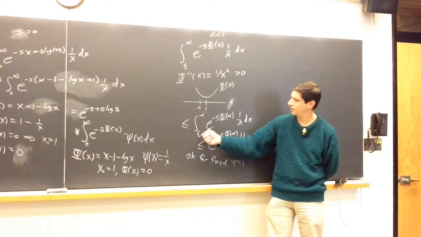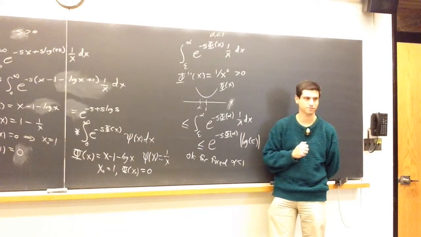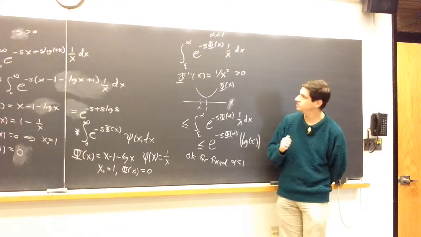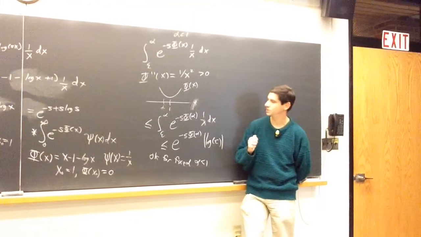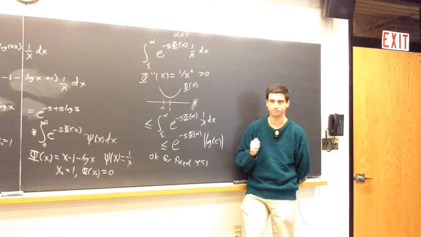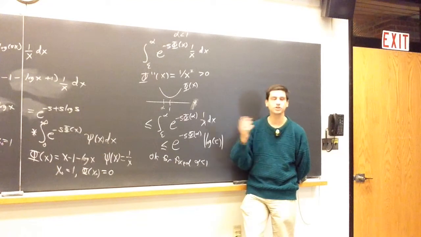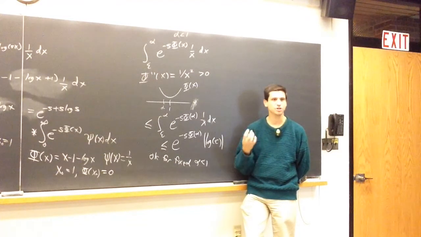Now the problem is we want epsilon to go all the way down to 0. So now we would need to consider what's going on as we take the limit as epsilon goes to 0. So one of the things you learn to do in number theory is you break a really big problem into lots of smaller problems.